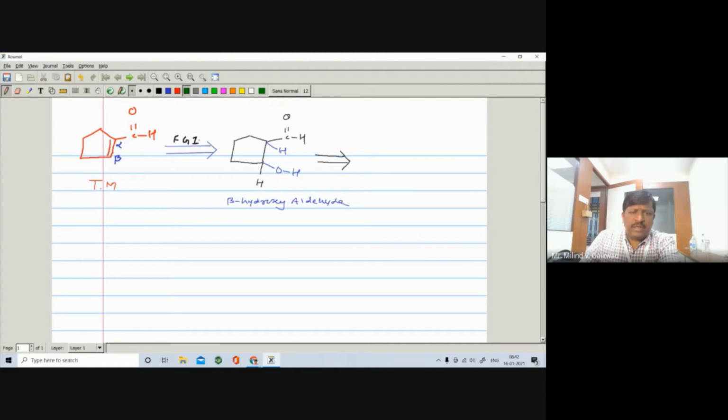This beta hydroxy compound you can convert in such a way that you must get the corresponding possible fragment. How? This sigma bond opens, this carbon becomes negative and this carbon becomes positive. So this sigma bond will shift here and there is a formation of a carbon-carbon double bond.